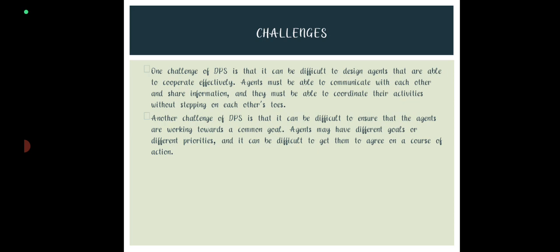Another challenge of DPS is that it can be difficult to ensure that the agents are working towards a common goal. Agents may have different goals or different priorities, and it can be difficult to get them to agree on a course of action. So these two are the main challenges of agent based and distributed problem solving.